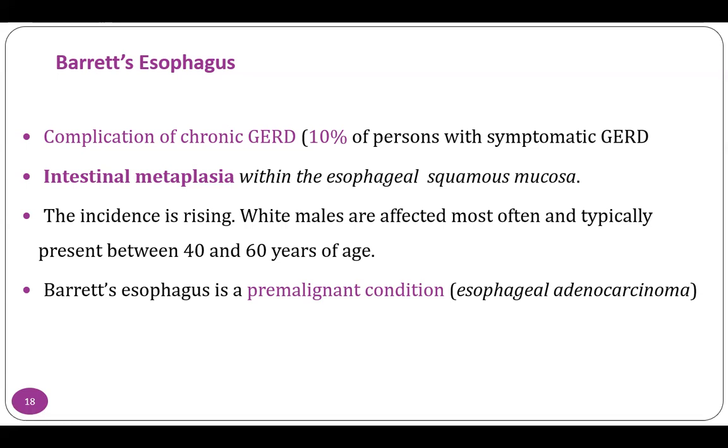How does the mucosa transform into an adenocarcinoma? By the idea of dysplasia. We start with mild dysplasia, moderate dysplasia in the columnar epithelium, then severe or high-grade dysplasia, and then carcinoma in situ, and finally invasive adenocarcinoma. So this is the progression of Barrett esophagus in general.